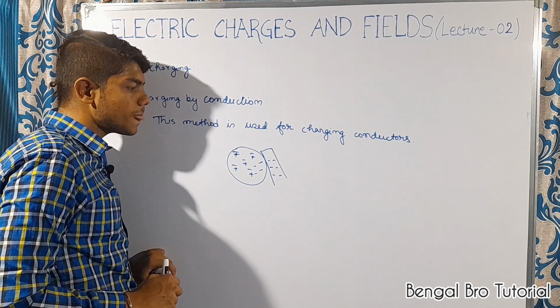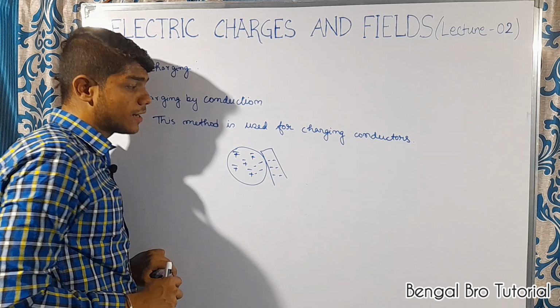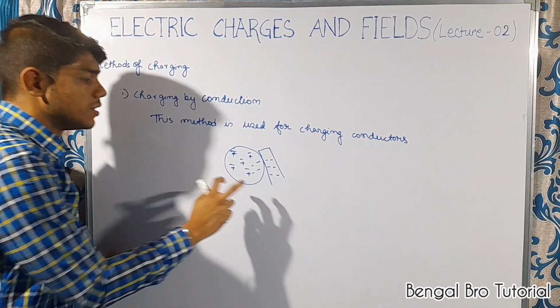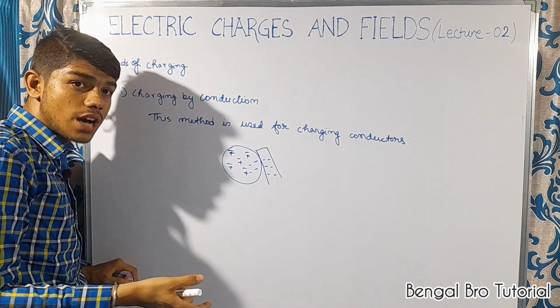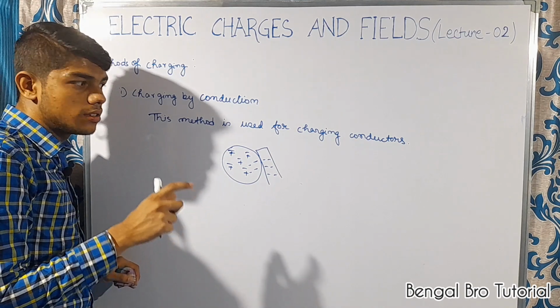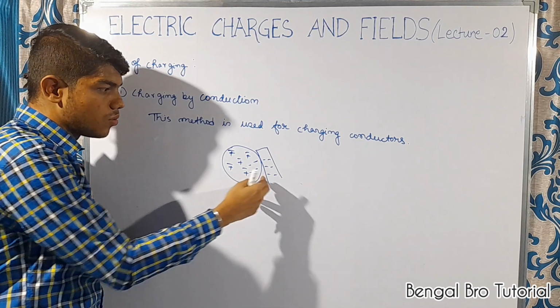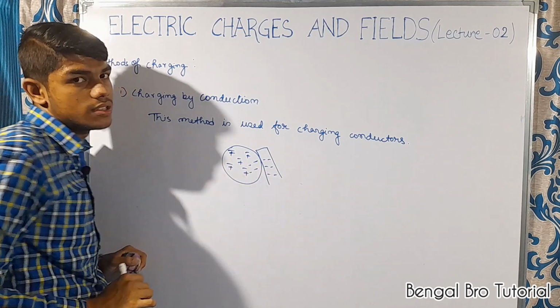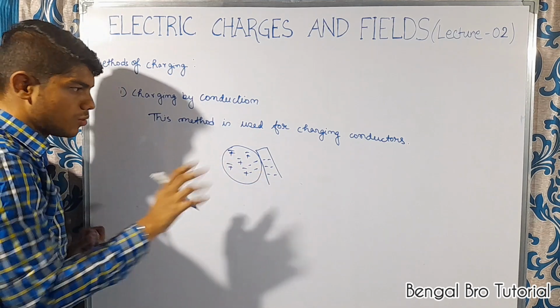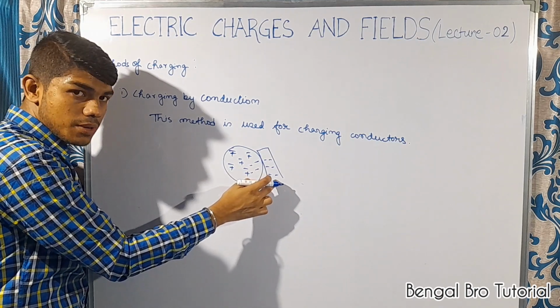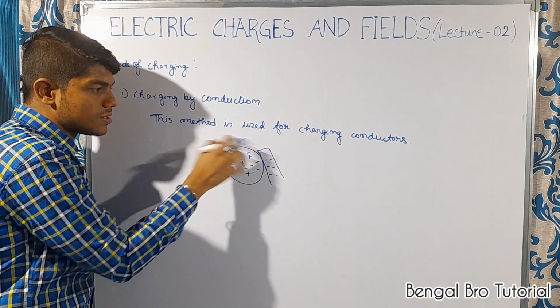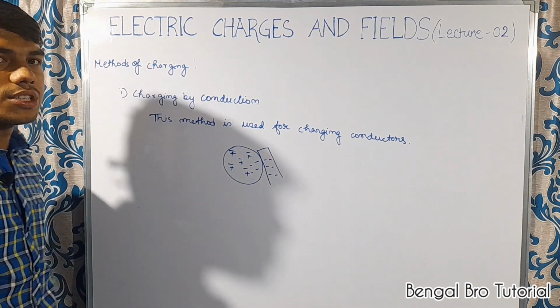So what you can see is that the neutral body will have the same nature of charge as the one which was used for charging this body. You can see that it is a negatively charged body, and it has been used for charging this body. This neutral body has also become negatively charged.